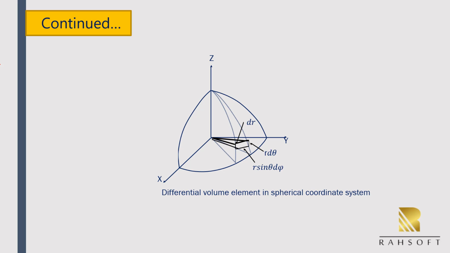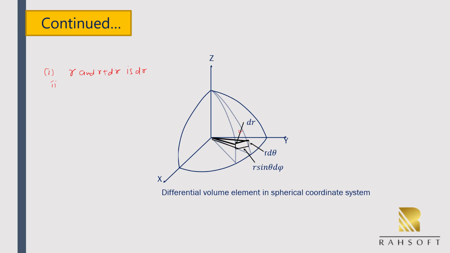So what we observed is that the distance between two spherical surfaces of radius r and r plus dr is dr. You can see from here.